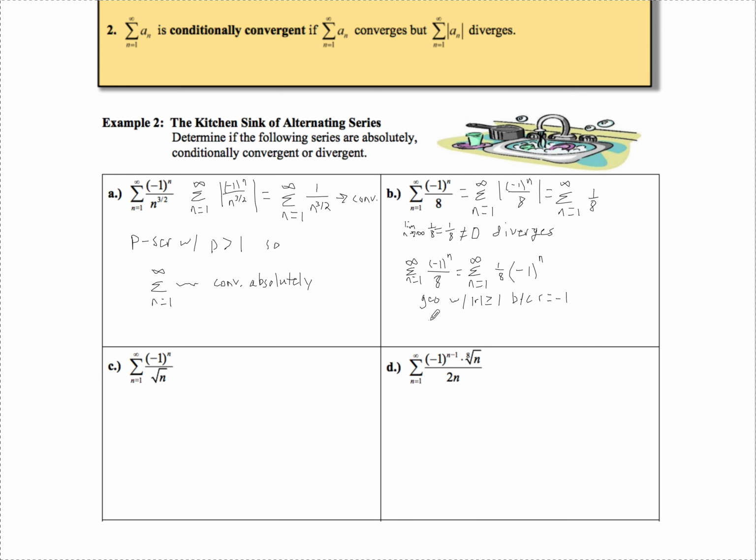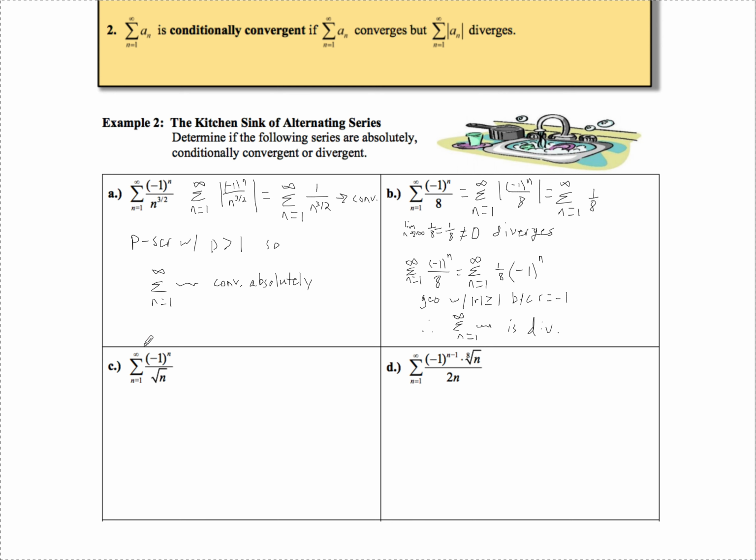And therefore, my actual series, and you would copy that there, is divergent. So I tried absolute convergence first. It failed. Then I had to check the actual series here to figure out what's going on. And it turns out that the geometric series test would show that it diverges also. It just diverges. Divergent series.